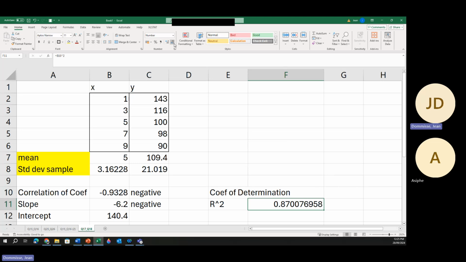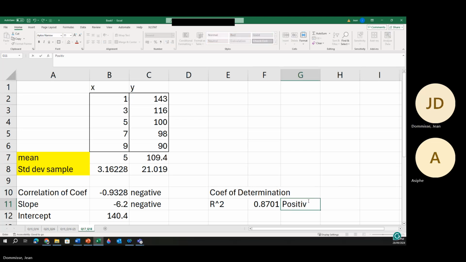Let's just make that smaller so that we can work with it. We can get that in Excel as well by taking the correlation coefficient to the power of 2, and that will always be positive. The coefficient of determination will always be positive because a negative times a negative will give you a positive.